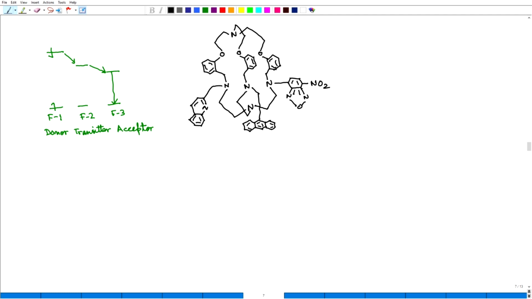Why have we chosen these three? 1, 2 and 3. We have chosen 3 different fluorophores, dissolved in solution. Now, what is happening? I excite this, I only excite this, and what emits?